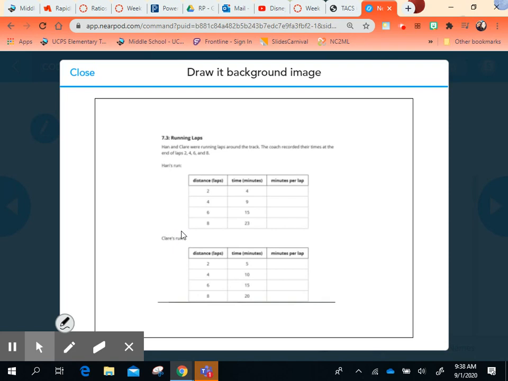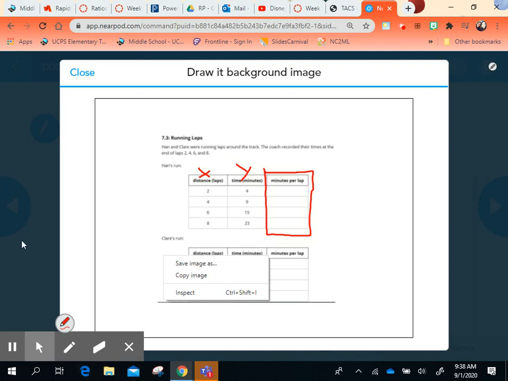So on the first table for Han, we see that he has his distance, which would be our X, and we see his time, which would be our Y. Remember, we're always labeling our table X and Y. This row right here, the third row, I'll explain what that is in a second. And then for Claire, we have the same thing. We have her distance in laps, which is X, and we have her time, which is Y.